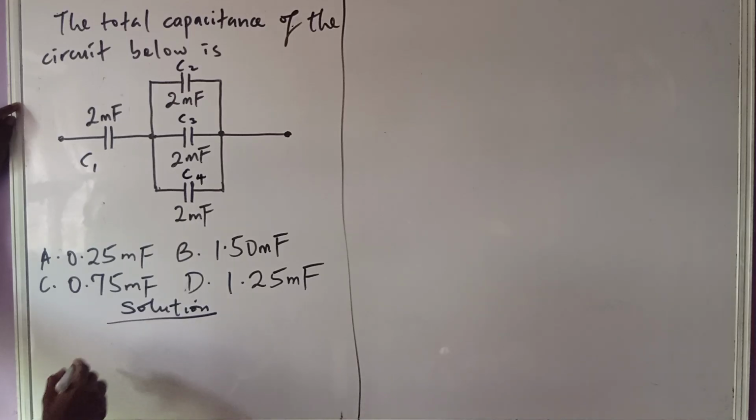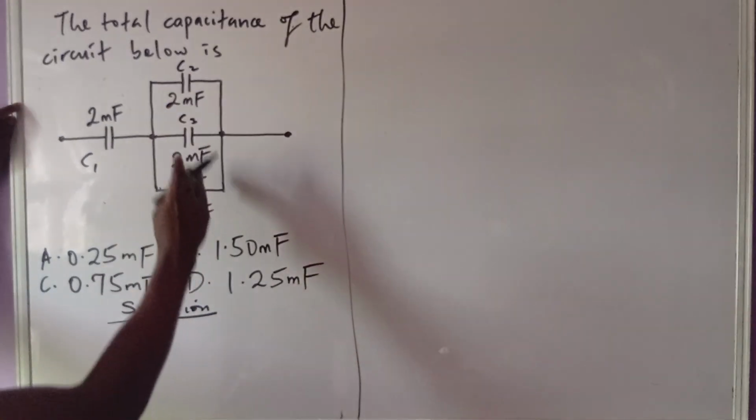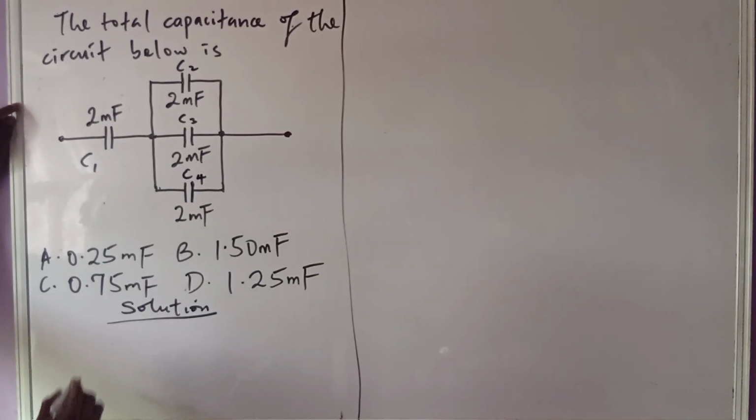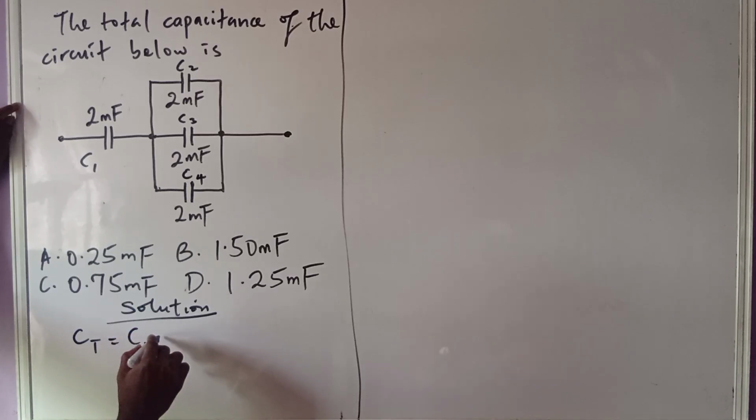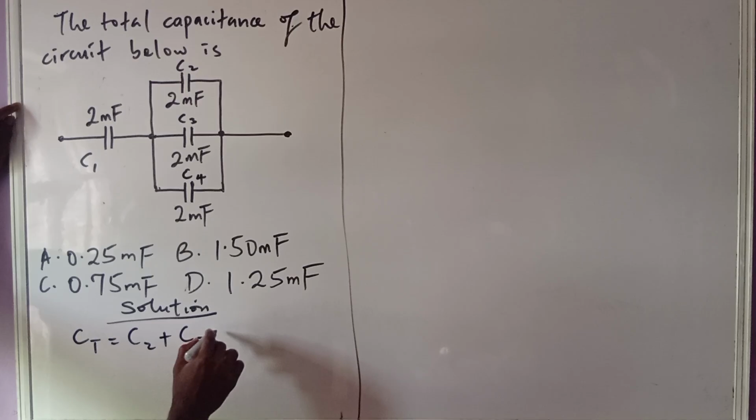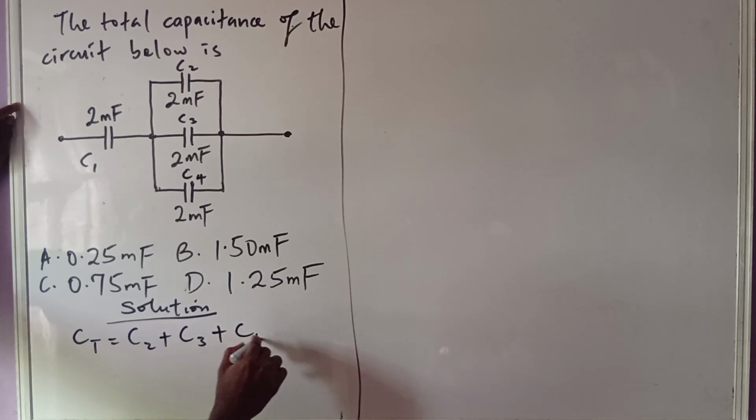So I can now say the resultant of C2, C3, C4 would be C2 plus C3 plus C4.